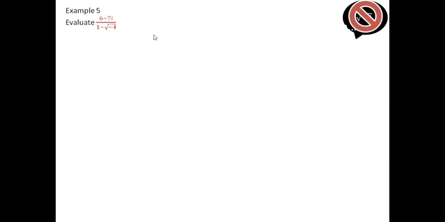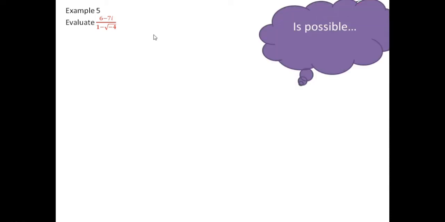It will give us an error if we just type that into a calculator. But in this case, it's possible. Why? Because we are dealing with imaginary numbers. We are dealing with complex numbers, and complex numbers deal with imaginary numbers. As you know, everything is possible in the imaginary world.